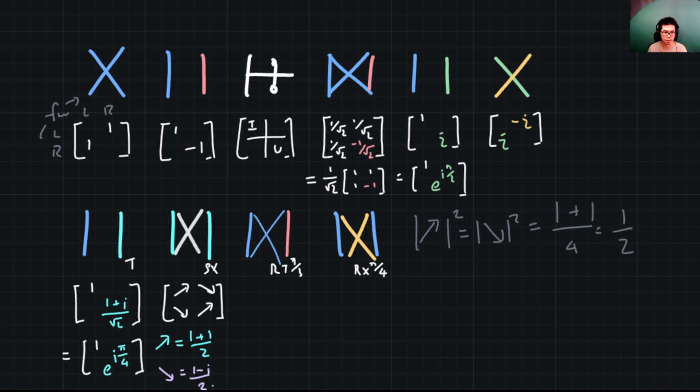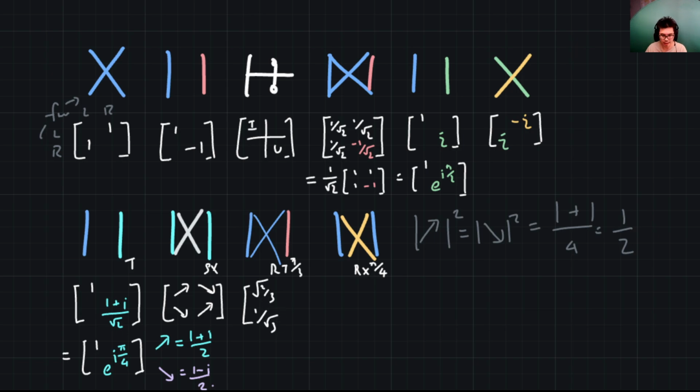RT pi third is slightly trickier, but let's explain this to you. So 1 now becomes square root of 2 over 3, then 1 over root 3.